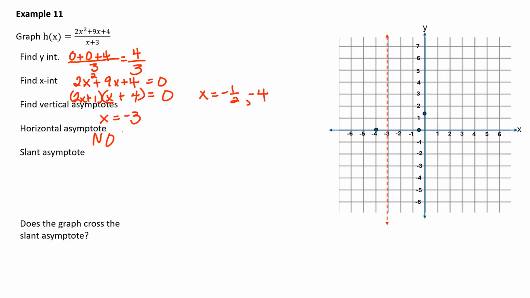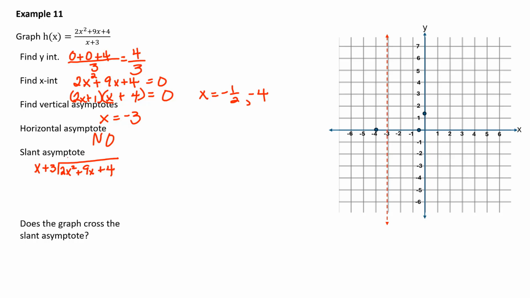Slant asymptote? Yes, because the degree of the numerator is 2 and the degree of the denominator is 1, and that is a situation where you would have a slant asymptote. To figure out what that slant asymptote is, you divide x plus 3 into the numerator, 2x squared plus 9x plus 4.